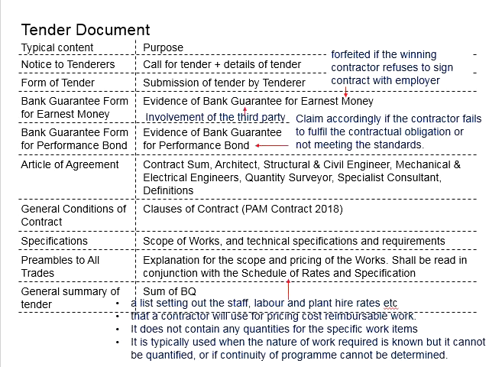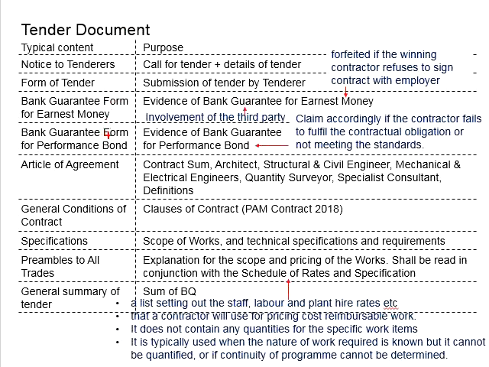In the case that the winning contractor decides not to sign the contract with the employer, the employer will claim from the bank and this earnest money will be forfeited. This earnest money will be refunded once the contract is signed with the employer.